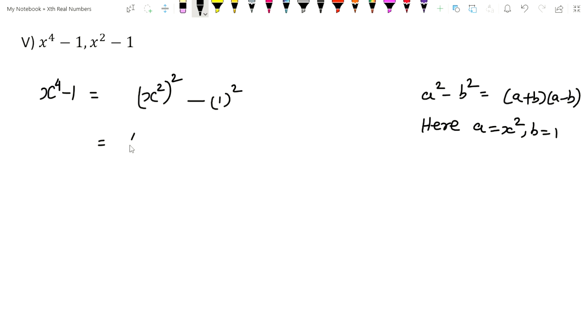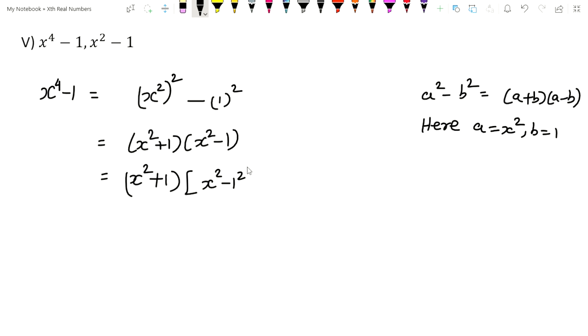Just substitute: x square plus 1 into x square minus 1. Okay, children? And this x square minus 1, how can you split this? You can write x square plus 1 into x square minus 1 square.